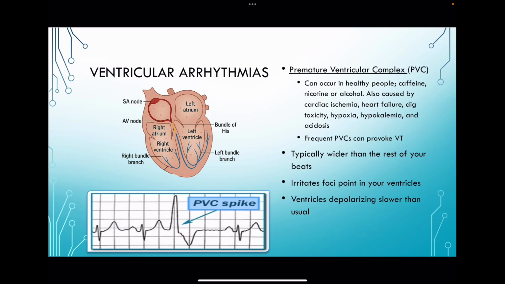Okay, so for your ventricular arrhythmias, we're going to start with a PVC. A PVC is a foci point in your ventricles irritated. So as the signal transfers down, you might have just an irritated foci point and it'll send out an electrical signal, which causes it to contract early.